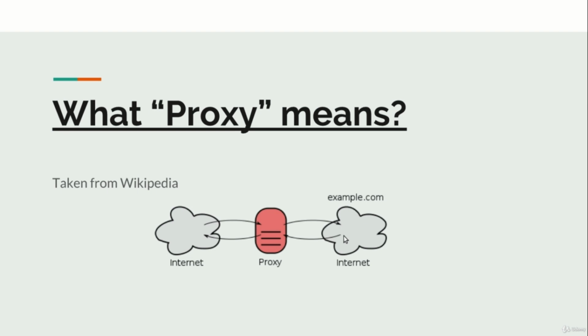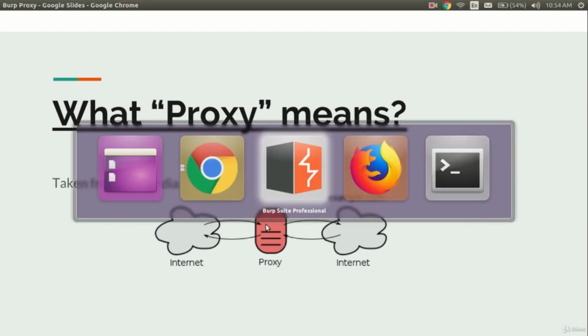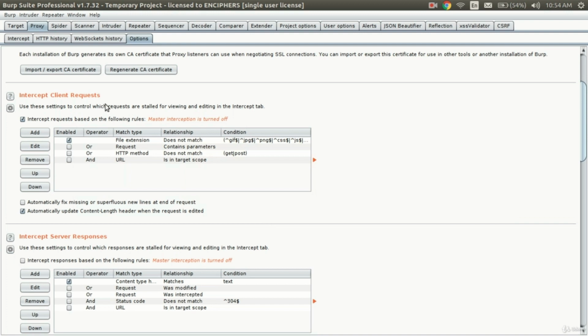The server in return sends the response to Burp Suite, which again sends it back to you. Now you can always intercept the request, and that is the option here. There are different options with which you can also add your own.